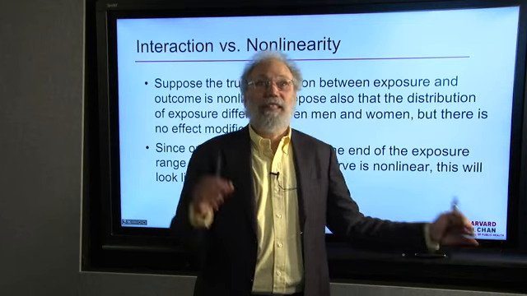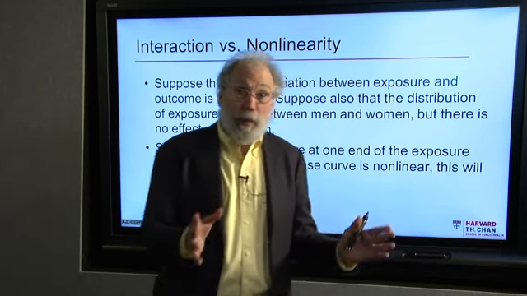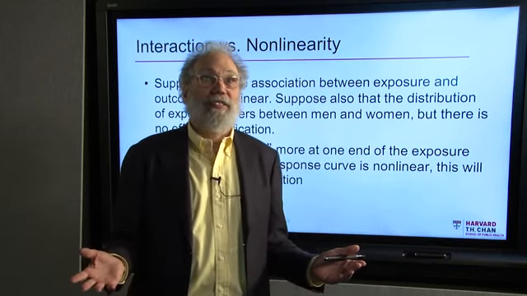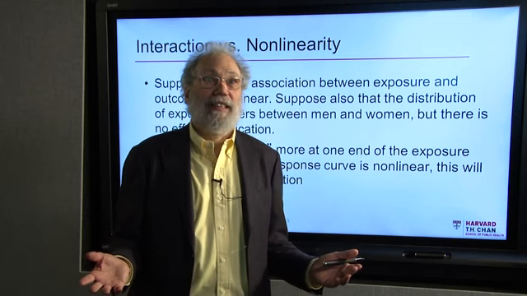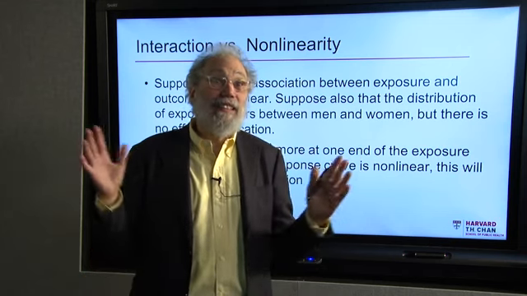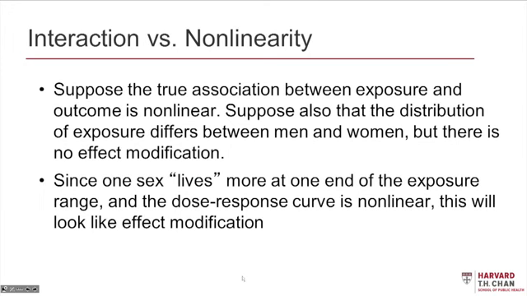The distribution is different, but there's no effect modification. Now, since one sex lives more at one end of the exposure range and the other lives more at a higher end of the exposure range, and the dose response with exposure isn't linear, it's a curve, then that will look like effect modification, right?